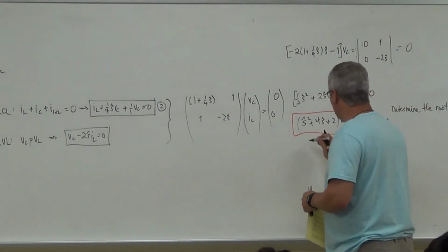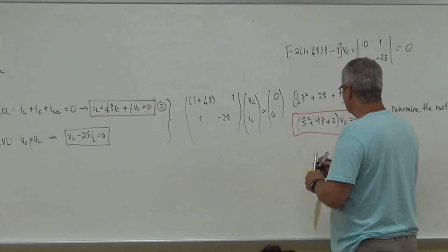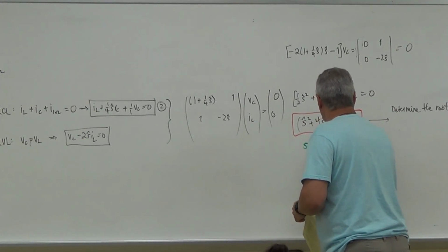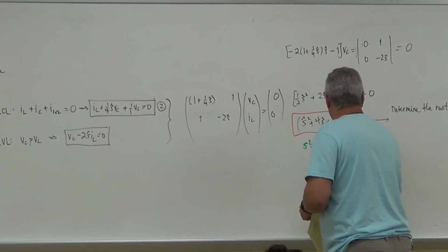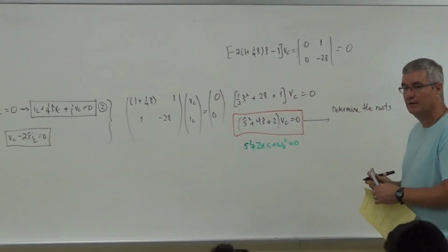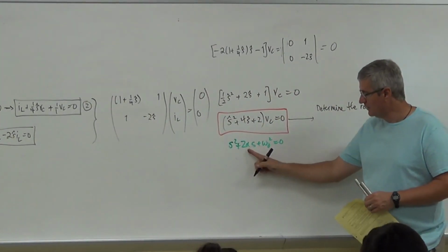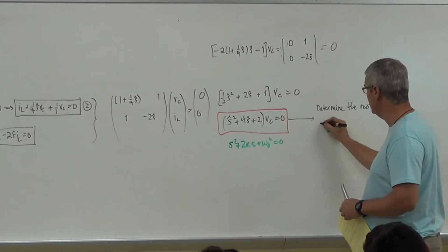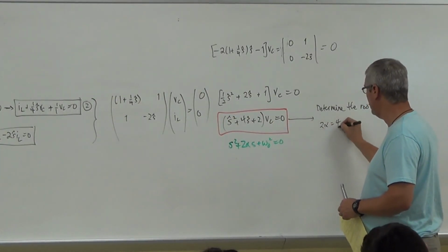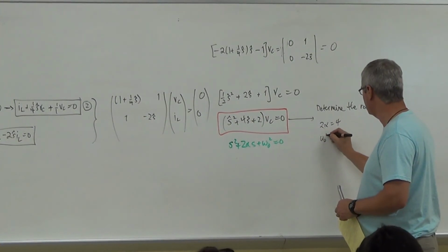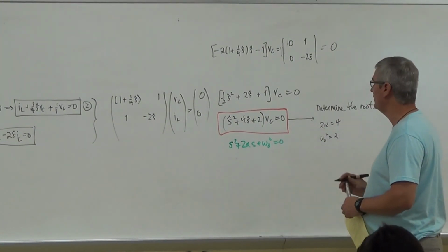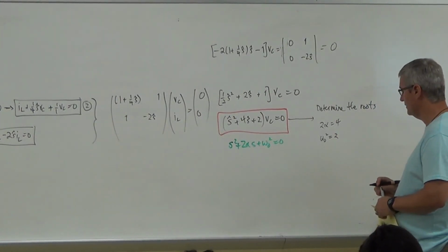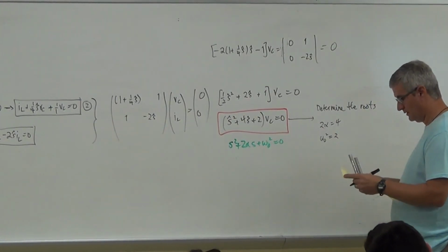The other way that we could do it is to compare this to s squared plus 2 alpha s plus omega naught squared equals 0. I'm going to calculate alpha using this. If I just compare these two, you see that I get 2 alpha equal to 4, and omega naught equal to 2.